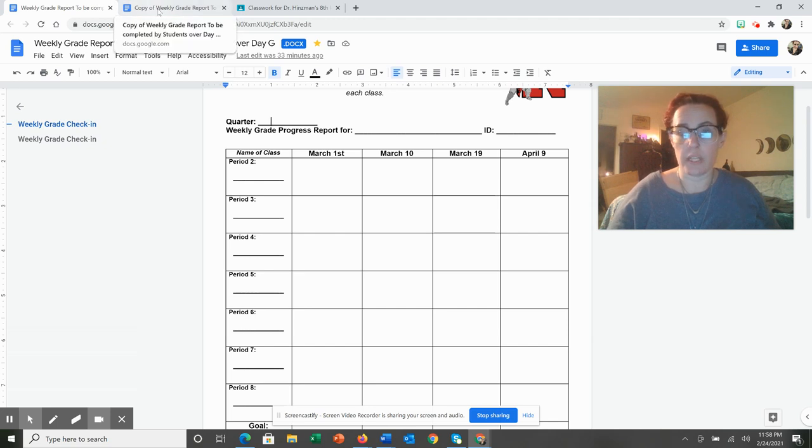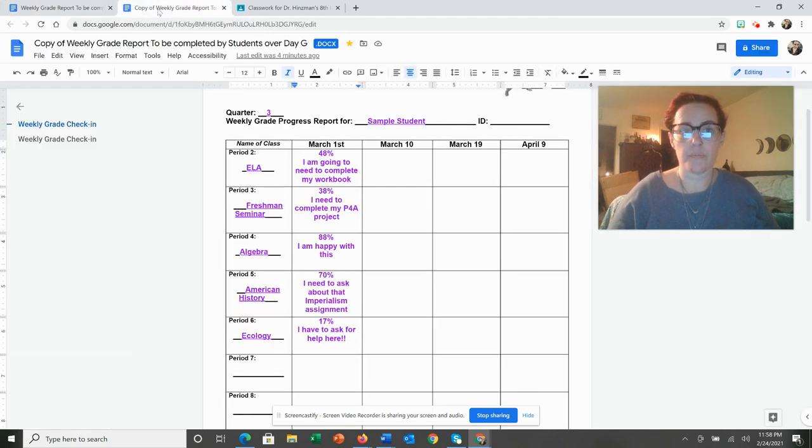So while you're filling out yours, you're going to put third quarter and, for my little sample student, I would put my student ID, and then if I had Ella as period 2, freshman seminar, maybe algebra, American history, or ecology, and I would fill out the rest of my classes for the day.